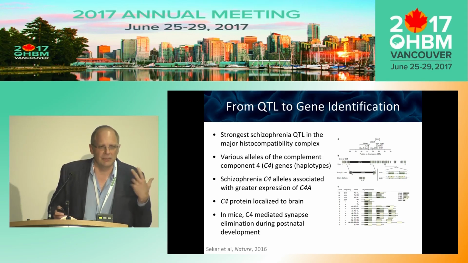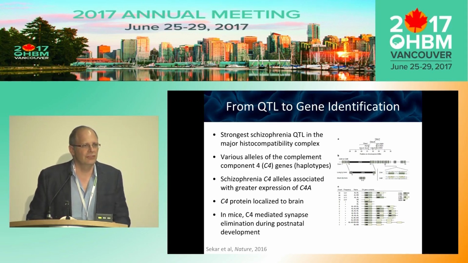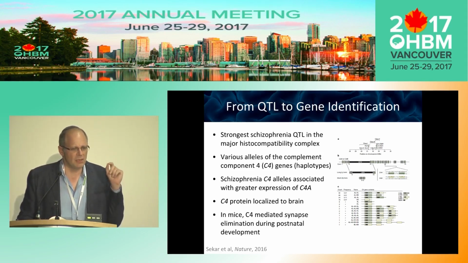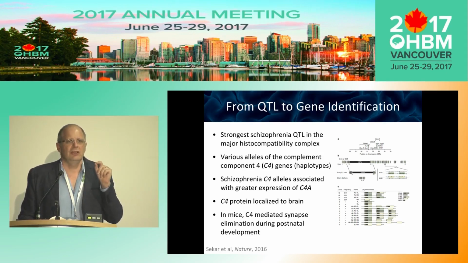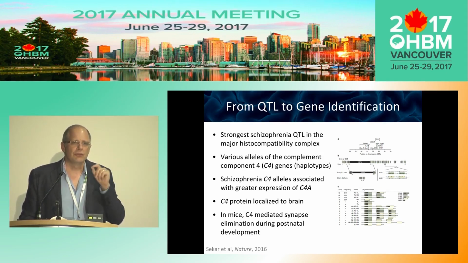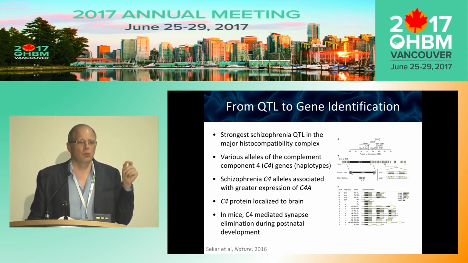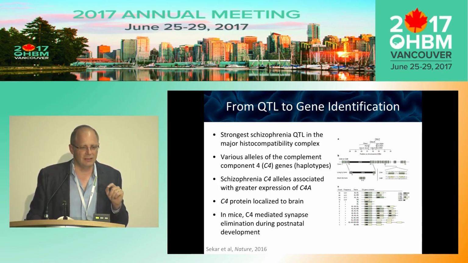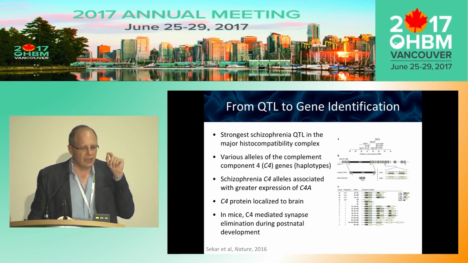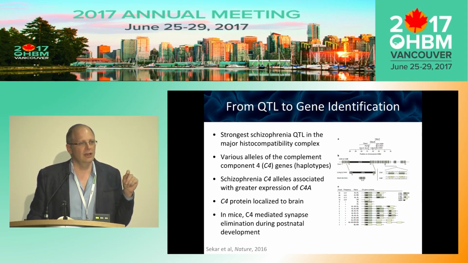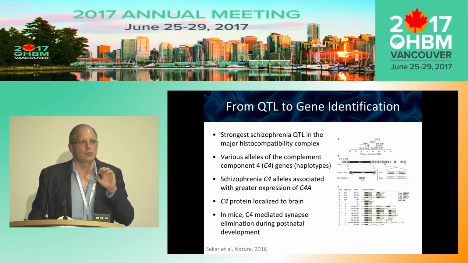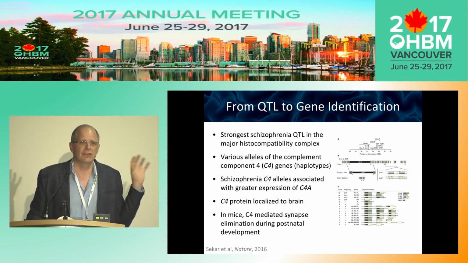It gets fairly difficult. But then this paper last year came out from Steve McCarroll's group, where they went in to carefully look at that locus in large numbers of individuals, comparing individuals to their parents and trying to work out particular haplotypes. They found a haplotype on one gene, the complement component 4 gene, or the C4 gene, and they showed that the C4 alleles associated with schizophrenia were associated with greater expression of C4A, which is one of the splice variants of this gene.